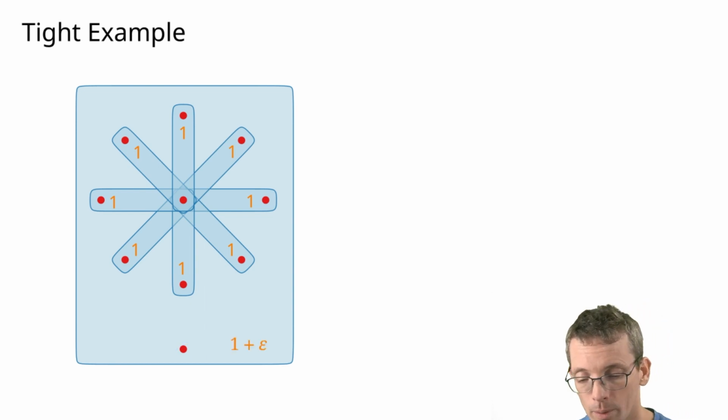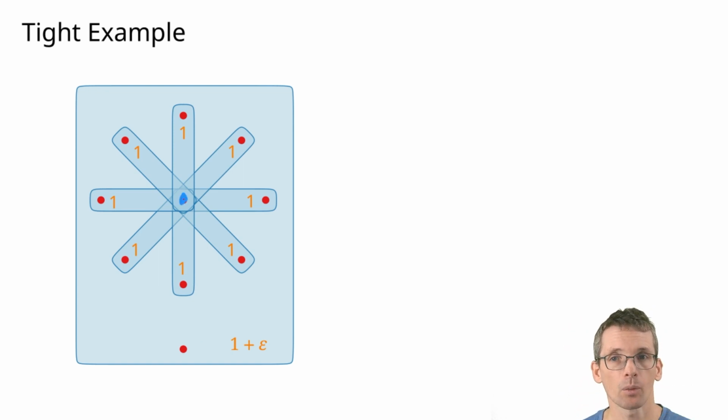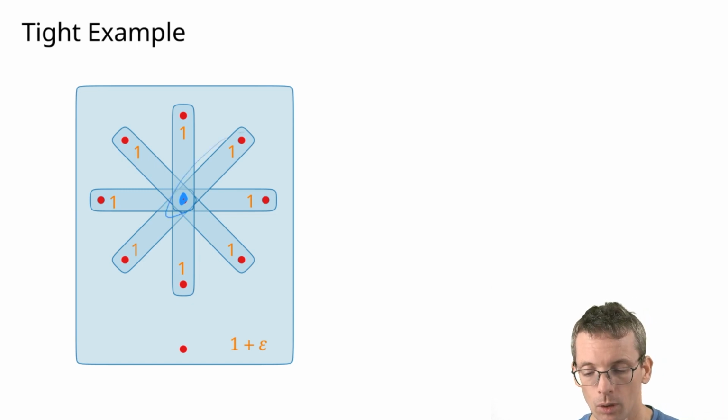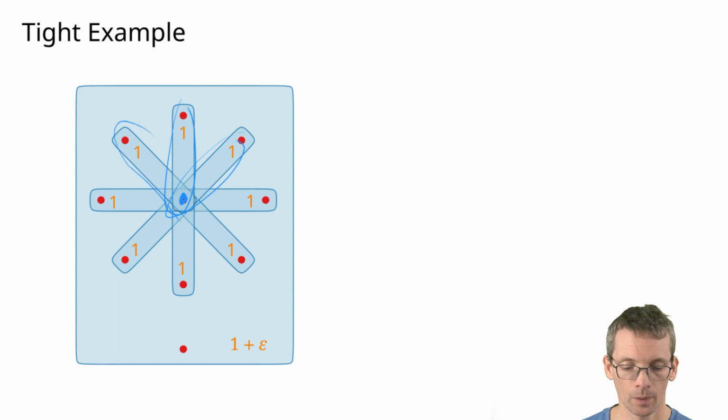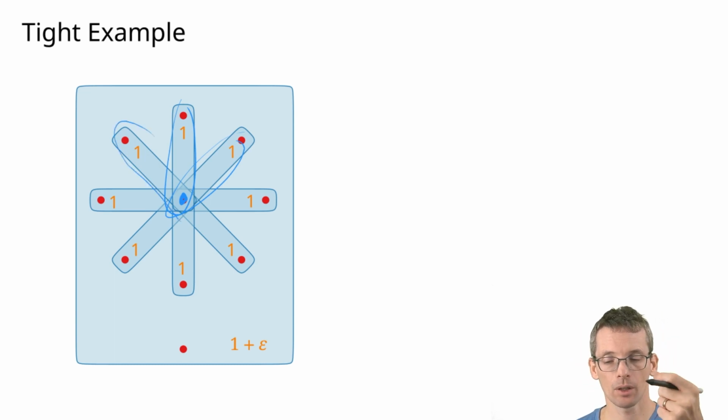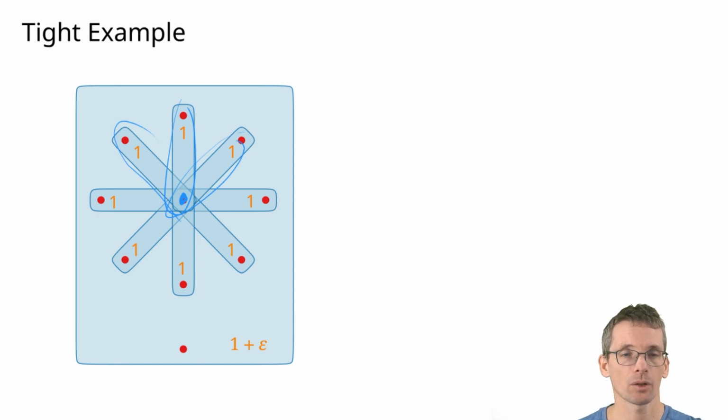Let's assume we pick the element in the middle first as an element that we want to cover. What happens? So I will increase the variable for that element to 1, because at that point, actually all of these sets become critical. I will set the variable for that element to 1.